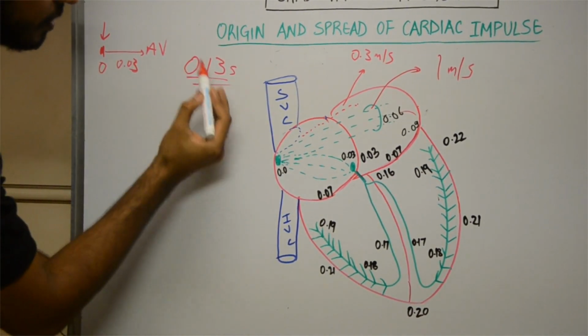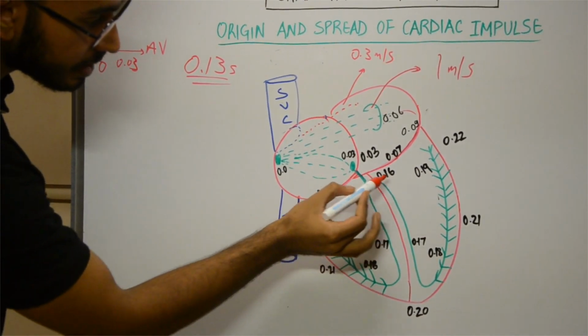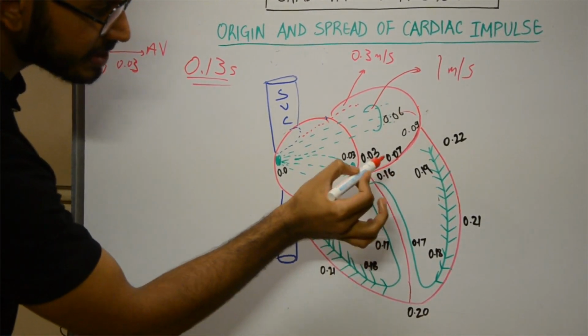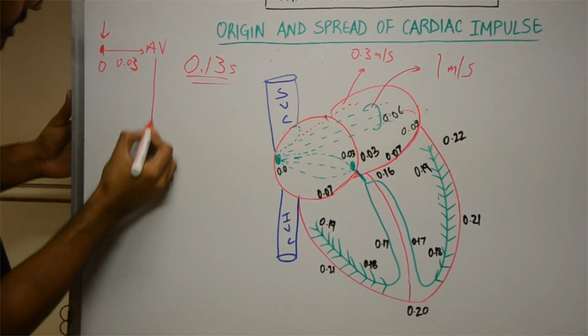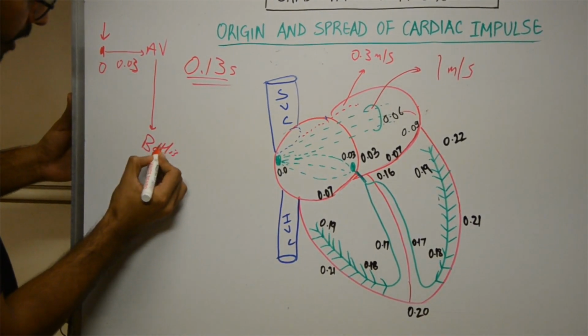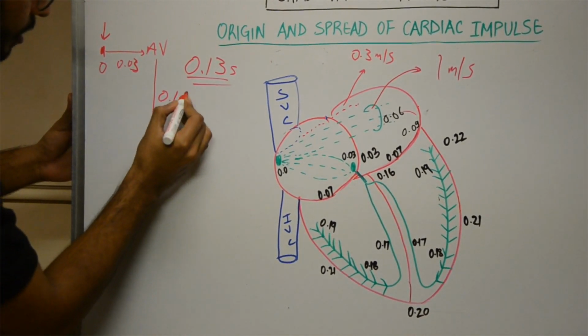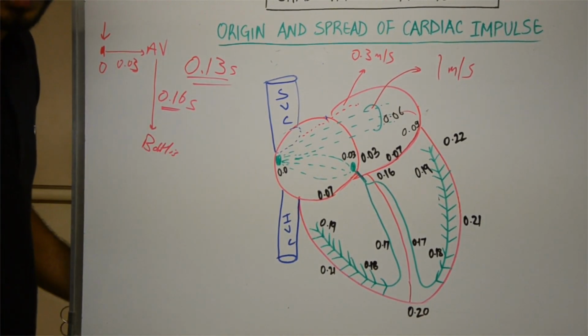And it is because of this delay, when the impulse comes in the bundle of His, the time is 0.16 seconds since it has been generated. Therefore, this means that when it reaches the bundle of His, it has a total of 0.16 seconds of delay.